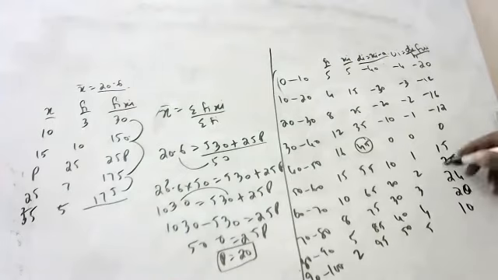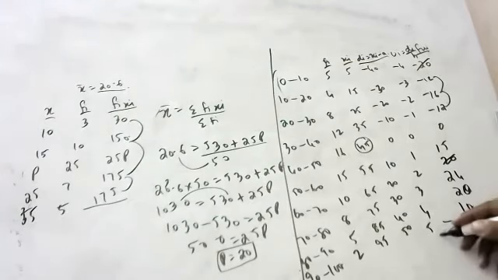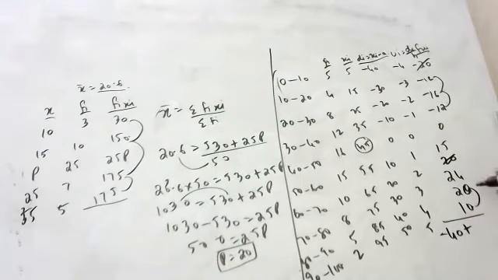Minus 20 plus 20 cancel. So minus 12, minus 24, minus 40. Minus 40 plus 20 plus 10 is 30, plus 50, 45, plus 24 is 69. 69 minus 40 is 29.